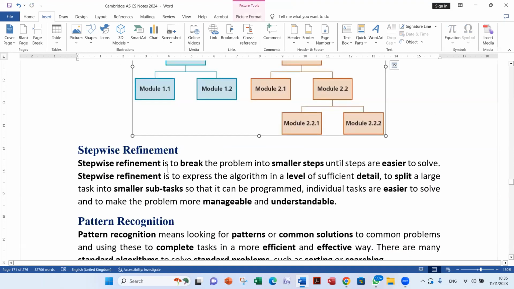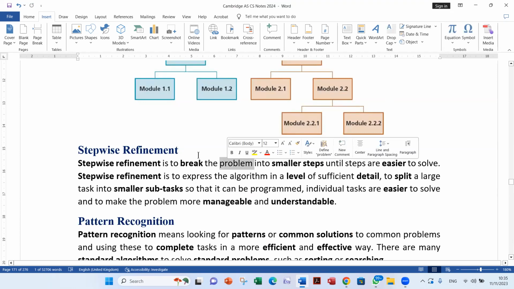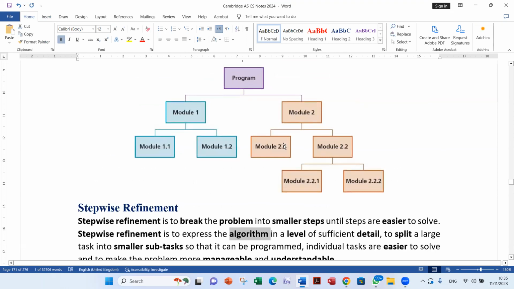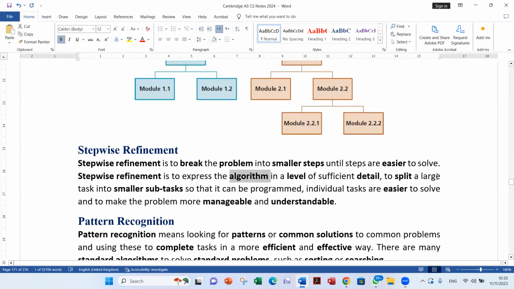Stepwise refinement is to break the problem into smaller steps until the steps are easy to solve. It is to express the algorithm at a level of sufficient detail. These are detailed modules, to split a large task into smaller subtasks so that it can be programmed. Individual tasks are easier to solve.